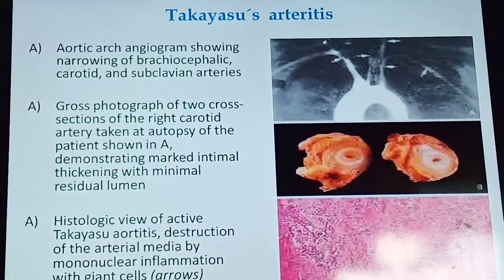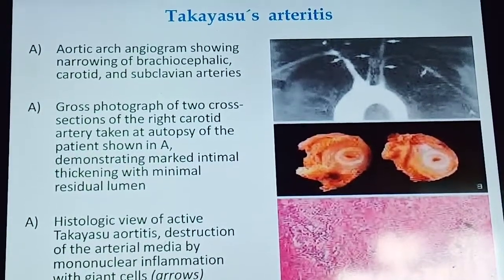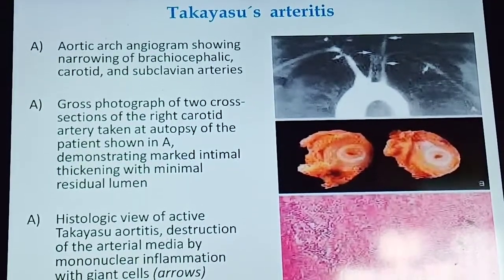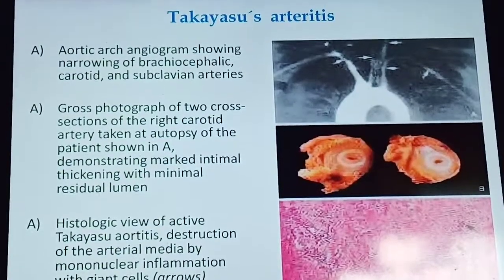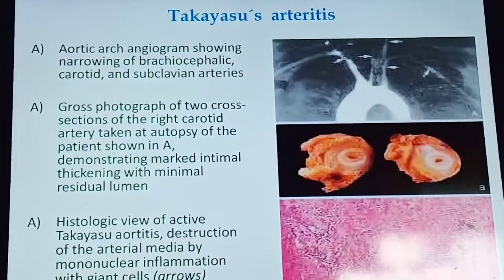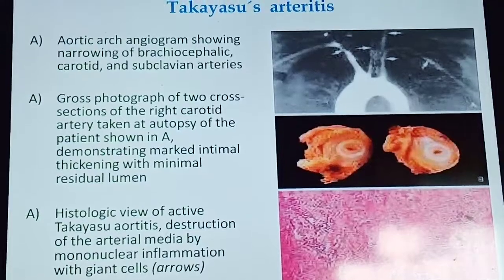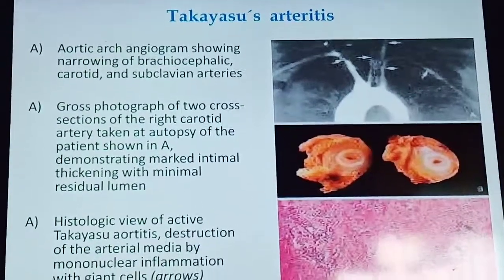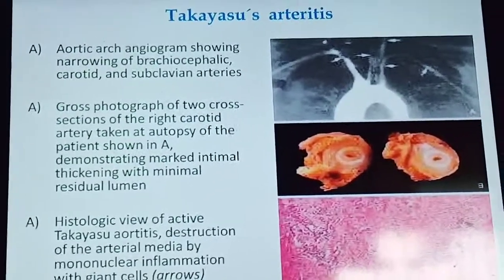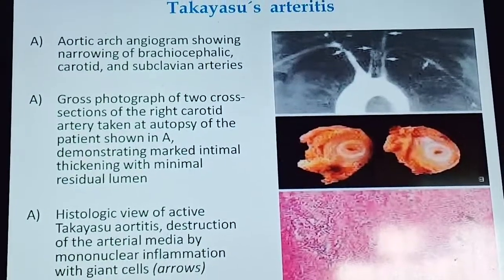In the histological view of active Takayasu arteritis, there is destruction of the arterial media by mononuclear inflammation with giant cells. Mononuclear inflammatory cells like plasma cells, lymphocytes and macrophages are seen.